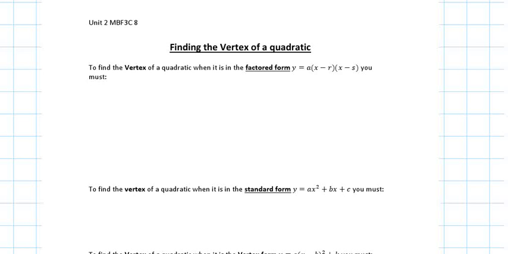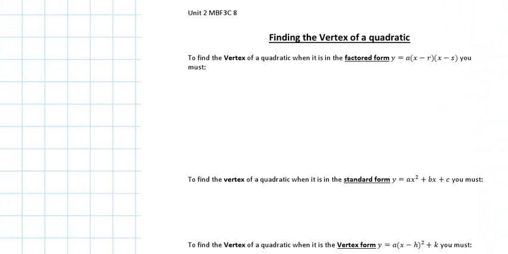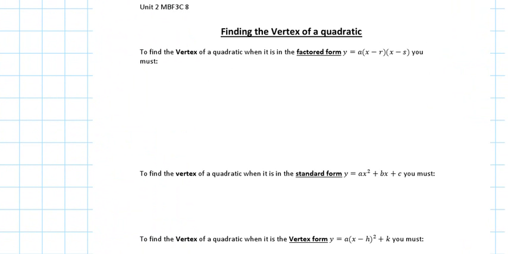Now, what if I have the factored form and I want to find the vertex? Remind me, what can I find from the factored form? The zeros. So I can find the zeros. Now, if you're looking at a graph, let me graph something for you.